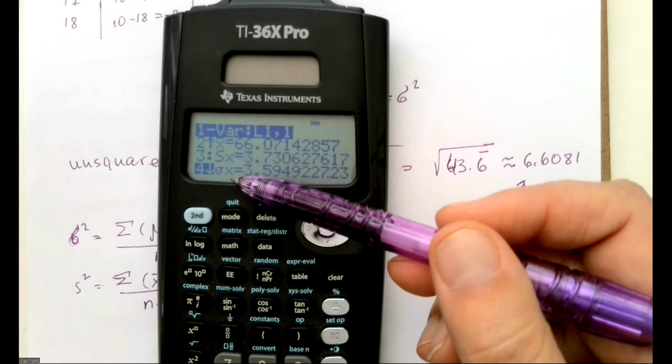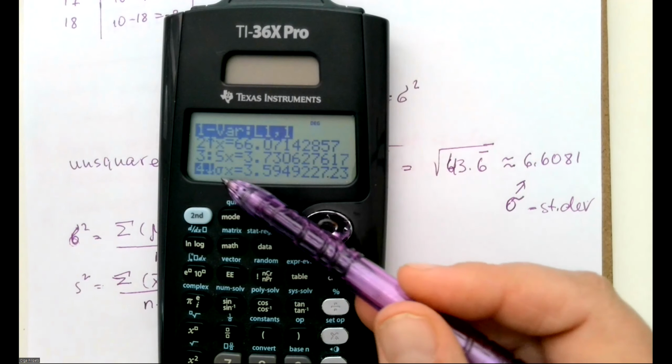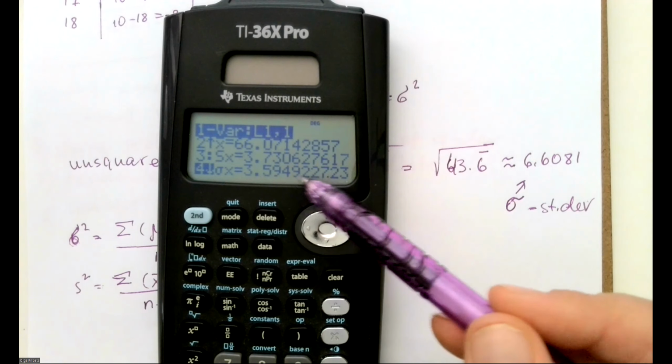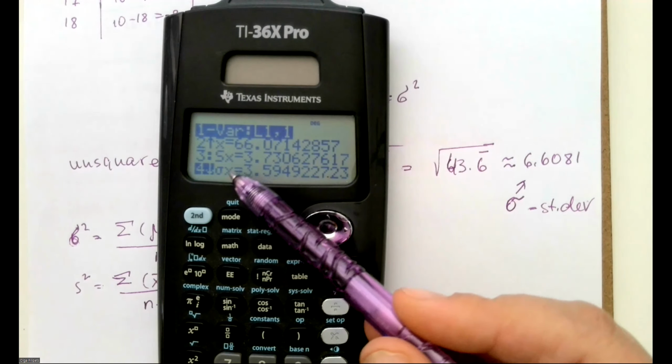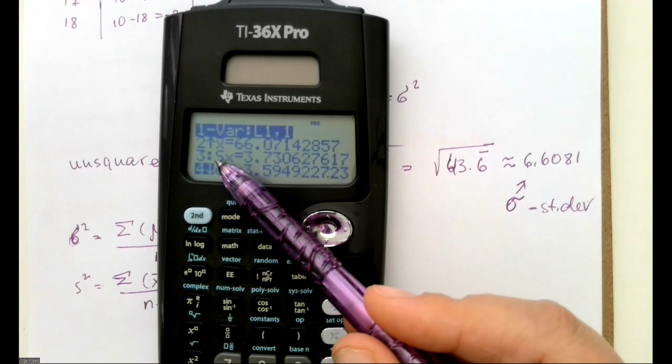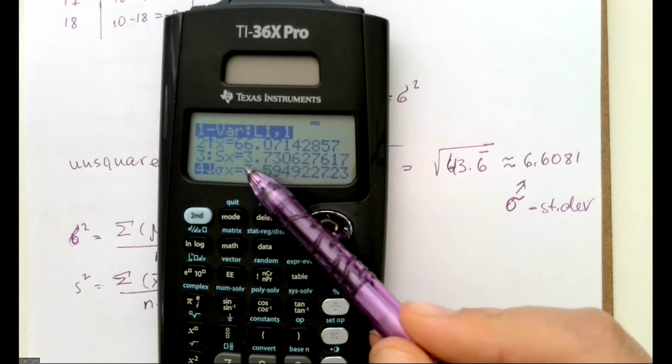So if the values in your table represent the population values, you would choose sigma sub x, which is 3.5949. And if those values represent a sample, then you would choose S sub x, which would be slightly larger.